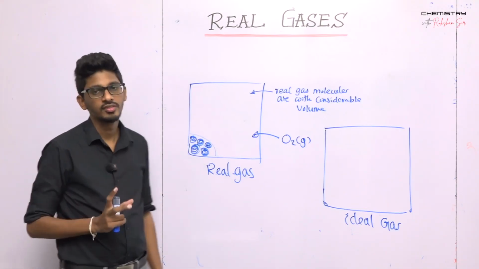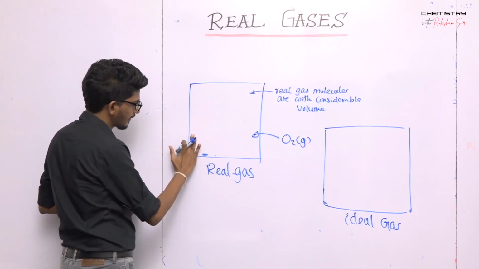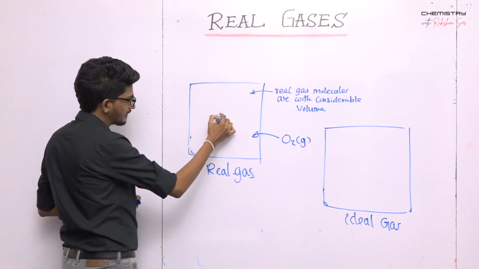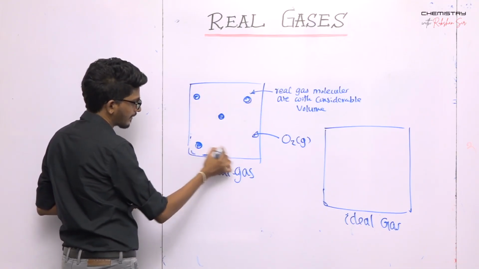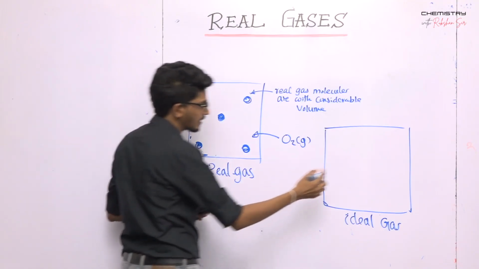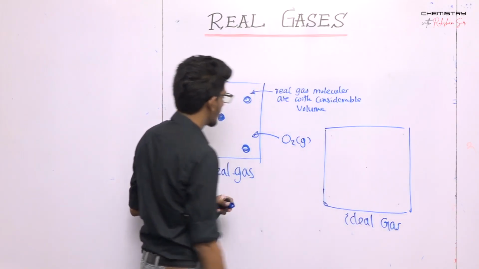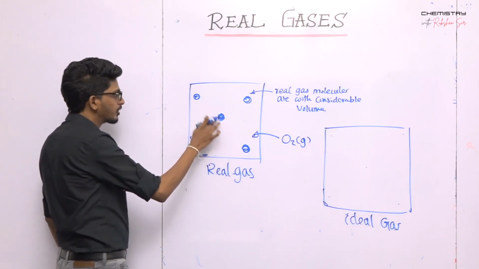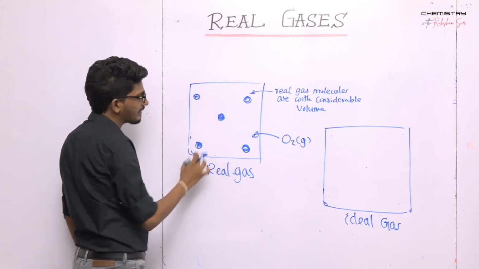Let's discuss the second reason. As real gases have some size, unlike ideal gases, real gas molecules feel the existence of the other molecules.